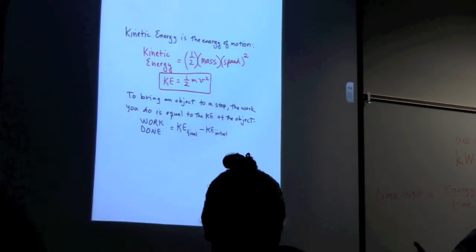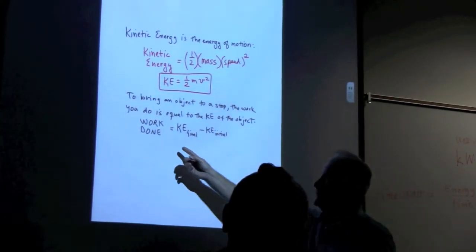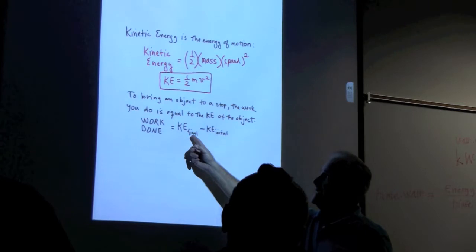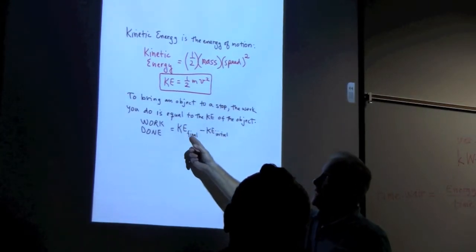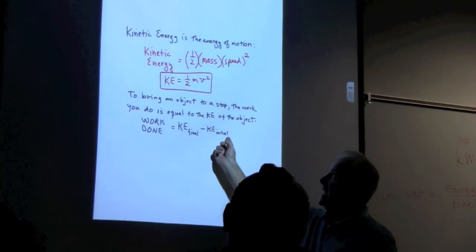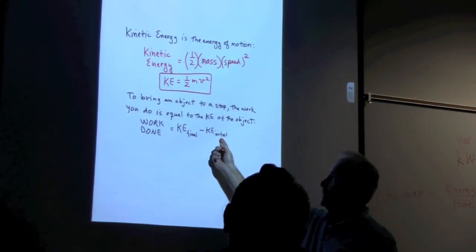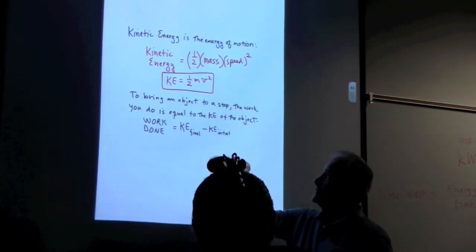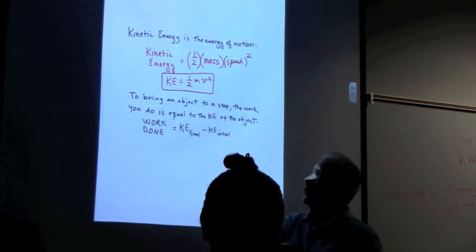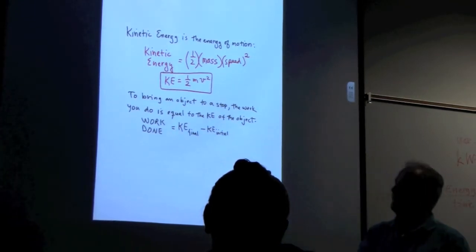So that's why down here it just says whatever work you have to do, it's always going to be how much kinetic energy did you have at the end minus how much kinetic energy did you start with. It's always going to be that difference between those. That will equal then the work that's done.